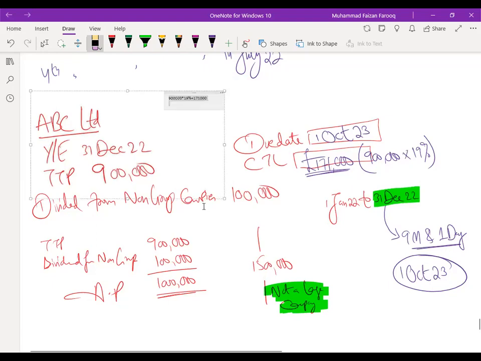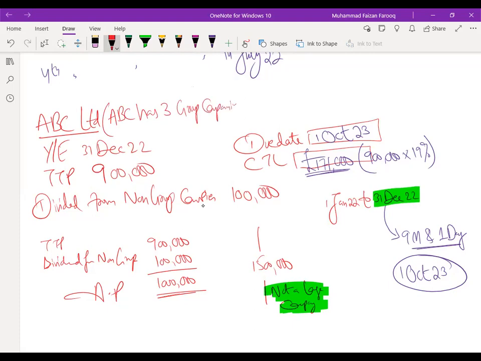No, right? Now, what I am doing, I will do one small change in this question. Just very carefully, I need you to look at it, okay? I am writing here: ABC has three group companies.